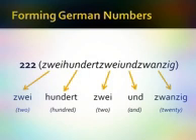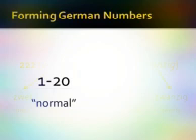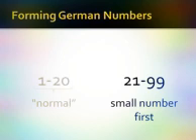Just for review really quickly. Numbers 1 through 20 are formed normally, meaning the same way we would do it in English. However, once we get to numbers 21 through 99, the smaller number will come first.